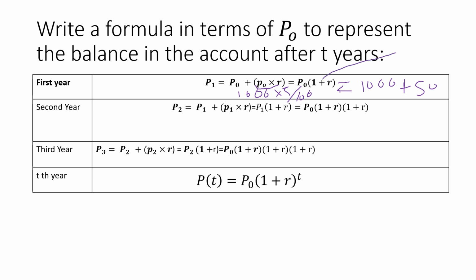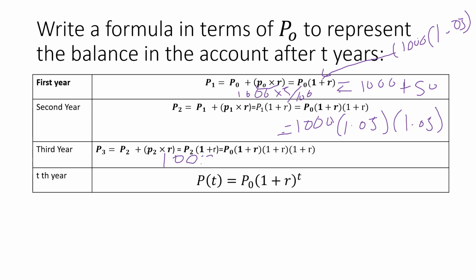And over here, this one says 1,000 plus 1,000 times 1.05, which equals 1,000 times 1.05 times 1.05.